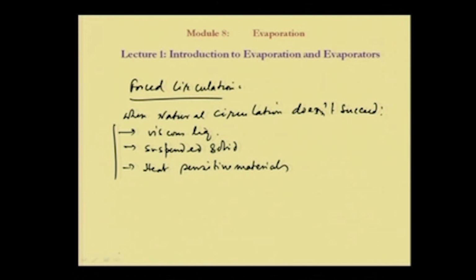Now, there are two more. These are the advantages of the forced circulation unit, but the disadvantage is high capital cost because of the pumps, high capital cost, okay, and high headroom requirement.